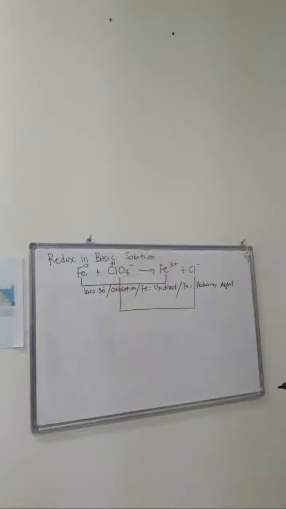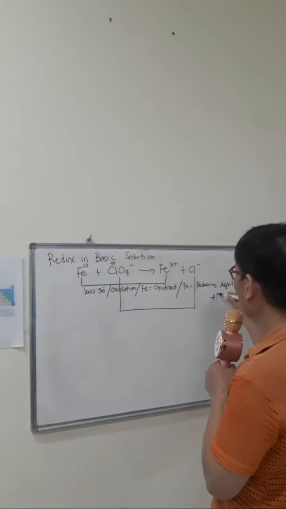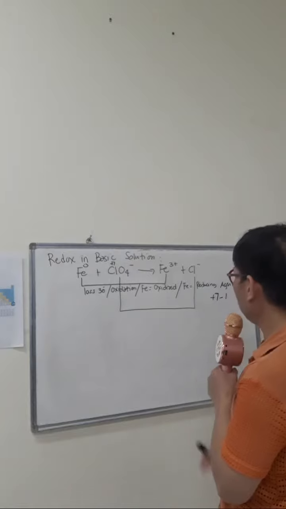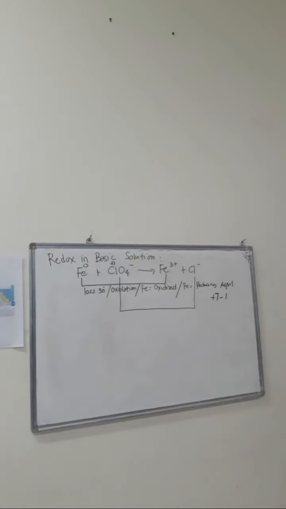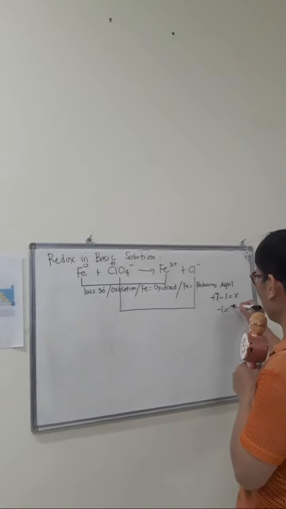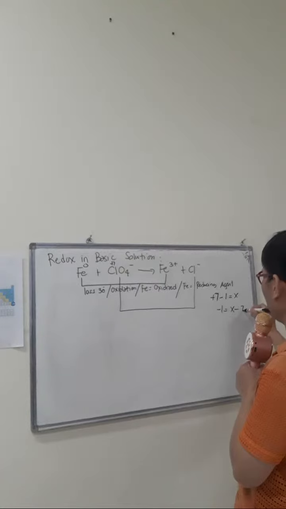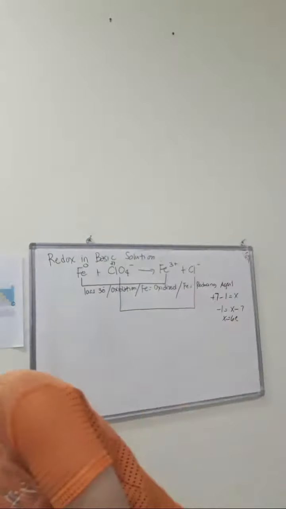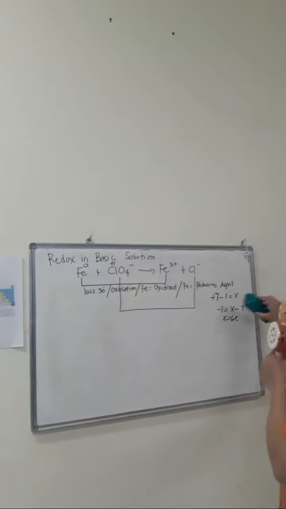How many electrons are gained? From positive 7 to negative 1: 7 plus x equals negative 1, so x equals 6 electrons.